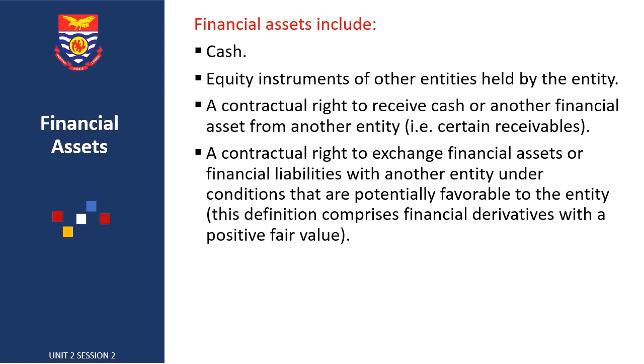Then we have a contractual right to receive cash or another financial asset from another entity, which we call receivable. A contractual right. So you have the right to receive cash or another financial asset from another entity. So it's the contract that is giving you this contractual right to be able to receive that.